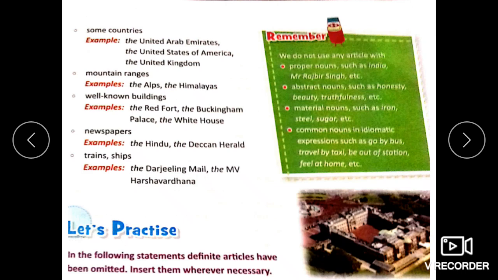Before names of trains or ships, the Darjeeling Mail, the MV Harshavardhana. So this is how we use the definite article under various conditions, for uncountable nouns, sometimes for plural nouns, sometimes for singular nouns, but definitely under certain conditions.